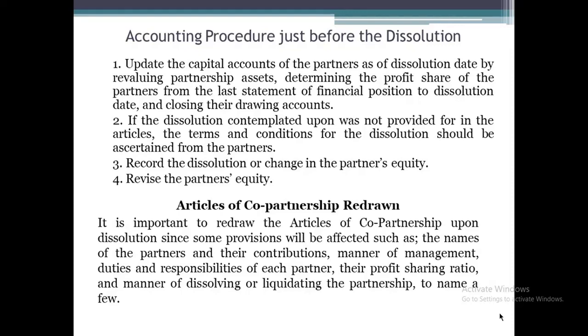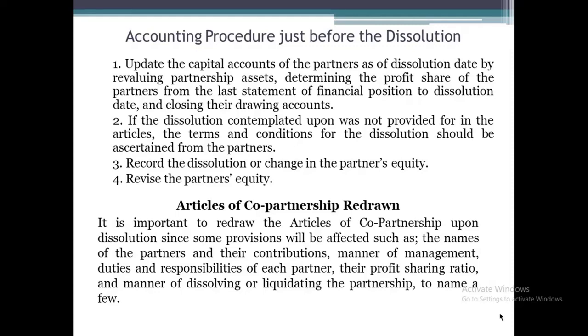Ayan. So, number 3, record the dissolution or change in the partner's equity. Dahil sabi nga natin, may mga changes sa partner's equity na mangyayari pag nag-dissolve yung partners, may mga madadagdag, may mga mababawas sa contributions nila. Ayan. So, i-record natin yung mga changes na mga yun. Ayan. So, revise the partner's equity. Dahil sa mga changes, ayan, i-revise na natin yung partner's equity ng bawat partners.